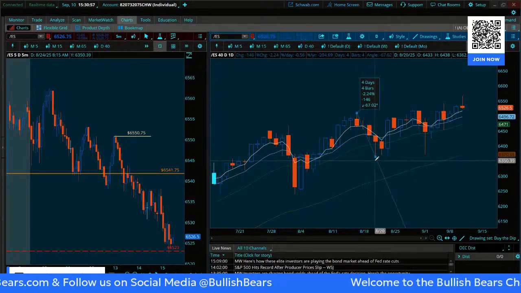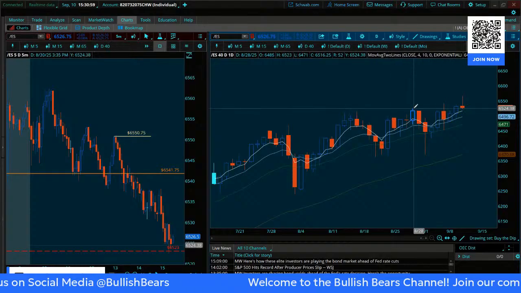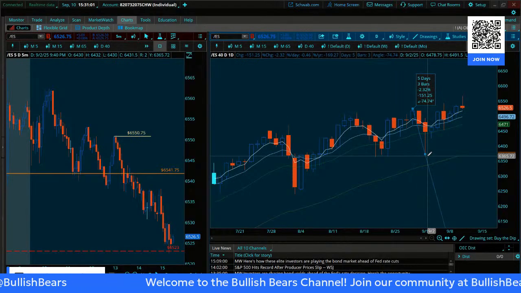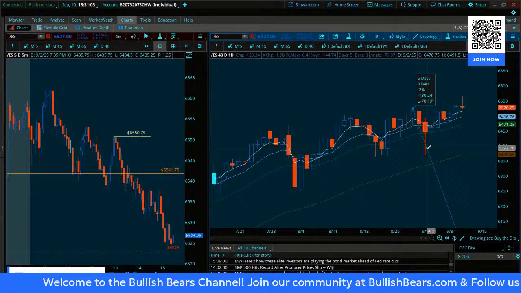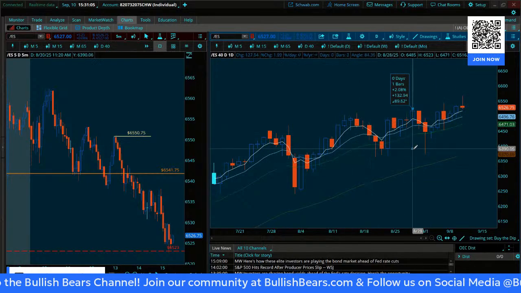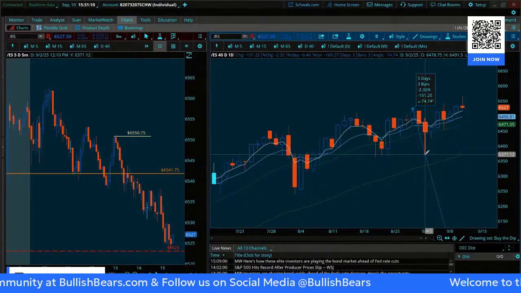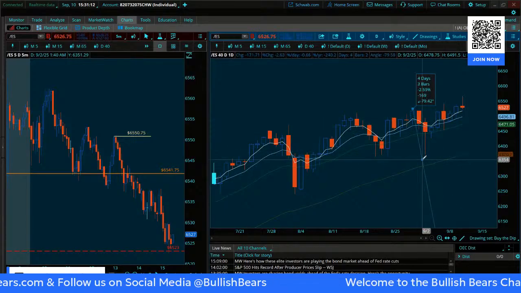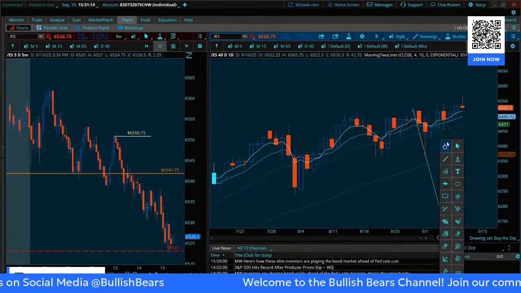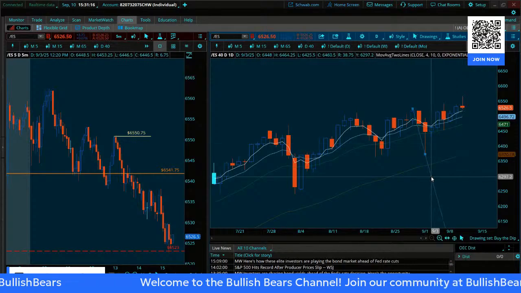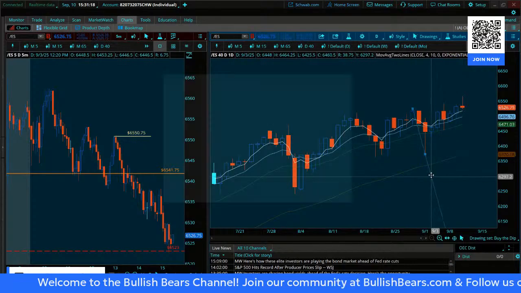What did we miss here? 2.24, 2.32. So that's a little longer than that one. It doesn't look it, but it is. So we're looking for at least that or less. I wouldn't look for a bigger move there because they've been getting smaller mostly.